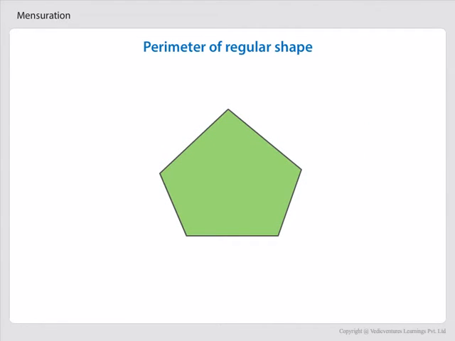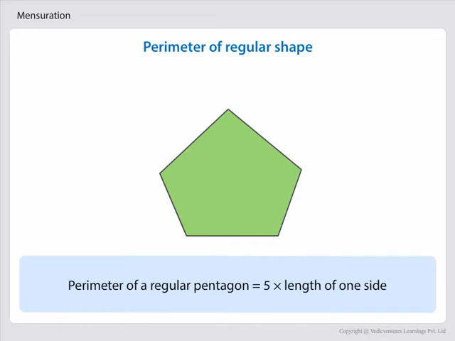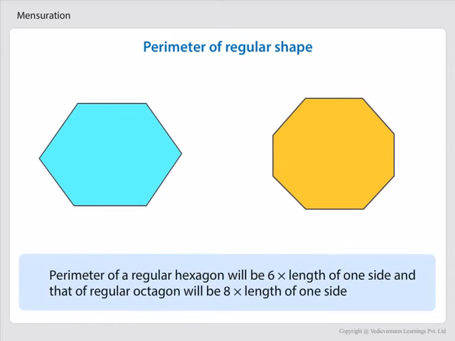Similarly, a regular pentagon has 5 equal sides. Therefore, perimeter of a regular pentagon equals 5 into length of one side. In the same way, perimeter of a regular hexagon will be 6 into length of one side, and that of regular octagon will be 8 into length of one side.